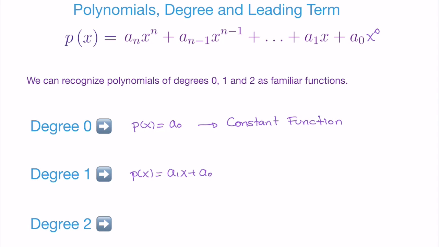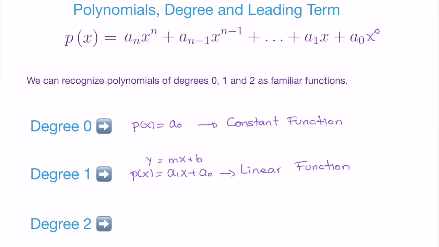What if I write m instead of a1? That's just a number, so I can name it m. I keep my x, of course. And then I name p here instead of a0 because it's a number. And p of x is just the y value. Do you recognize it now? Of course. That's a line or a linear function.